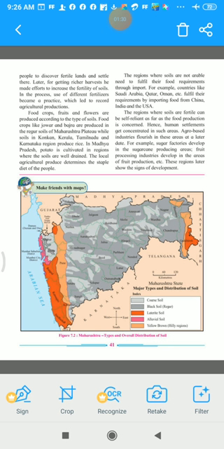Okay, left side paragraph. Food crops, fruits and flowers are produced according to the type of soils. So see, different types of plants are produced according to the different types of soil. Depending on what kind of soil is there, on that basis it is decided which food crops will be grown there, whether fruits or flowers or food crops.